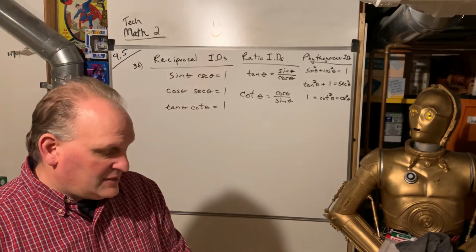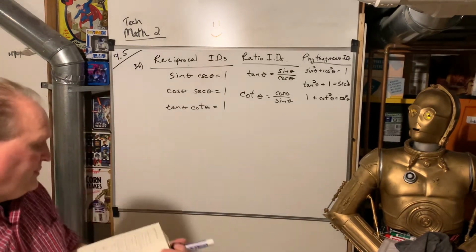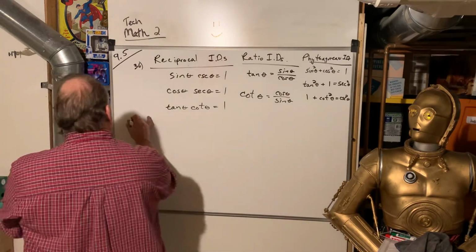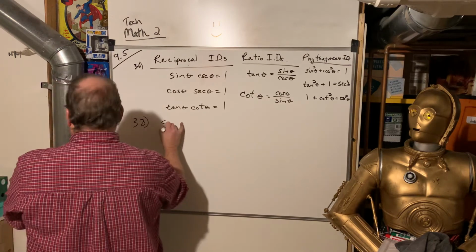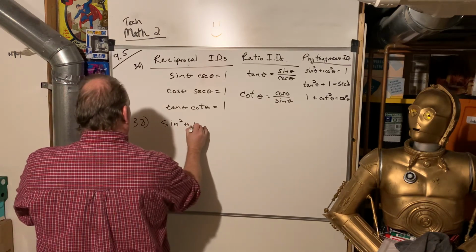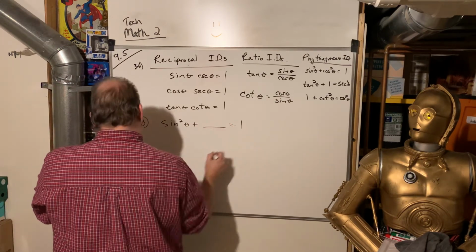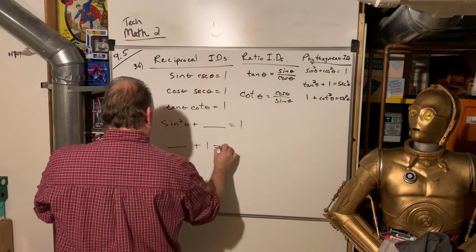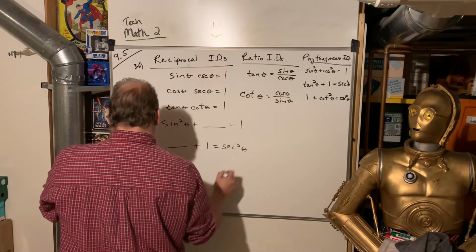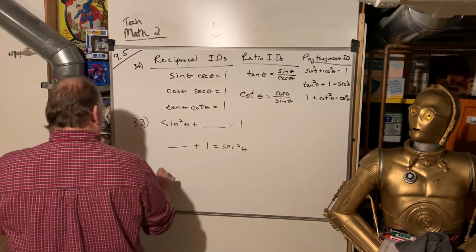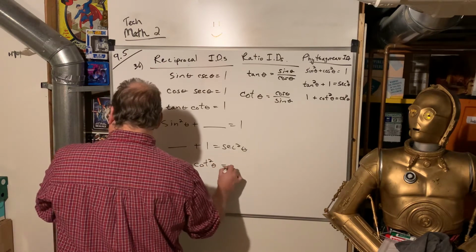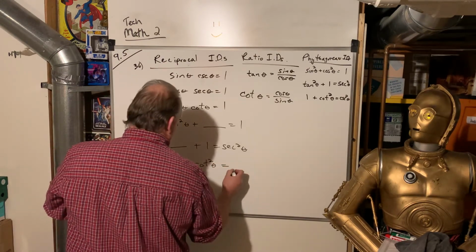Then let's see, they just want us to fill in the missing blank for 38. So sine squared theta plus blank is equal to 1, and blank plus 1 is equal to secant squared theta, and 1 plus cotangent squared theta is equal to blank.